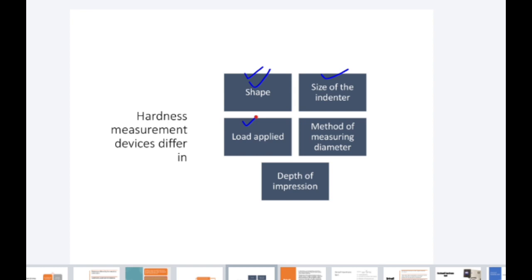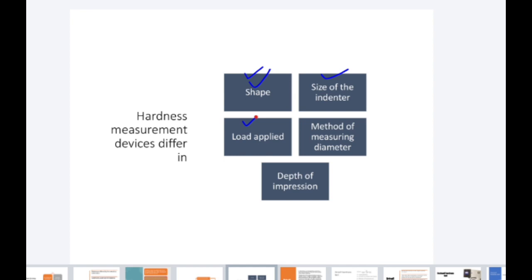Like if I have the same material, let's say aluminium, and I apply a force of 2 Newton, and on the same material with the same machine I apply a force of 10 Newton or 20 Newton. The hardness value we are measuring from the diameter of the dent. Of course the 20 Newton force will create a bigger diameter, so the hardness value will be different compared to the value found with 2 Newton force.